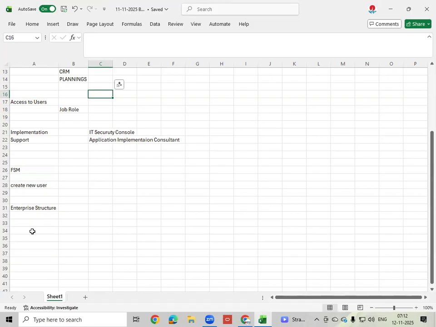Say the top level in this enterprise structure is the enterprise. Enterprise means it's a group. Sometimes they maintain groups of companies, right? If you take the example of Tata, it's an enterprise name. We define it as Tata Group, or Tata, simple.